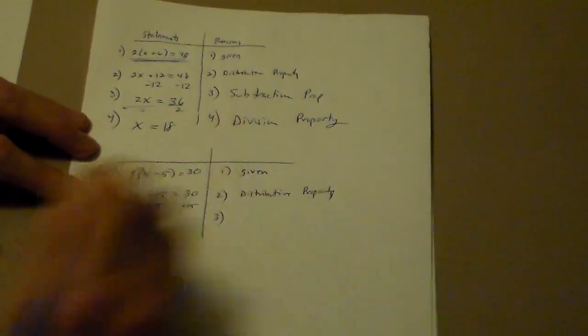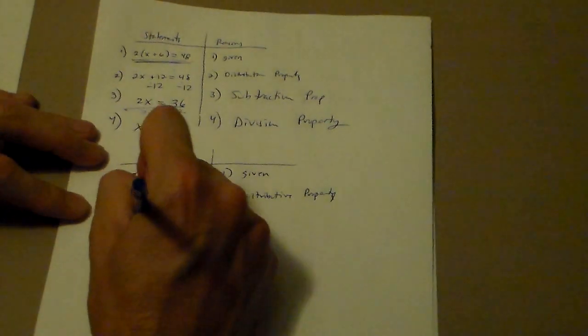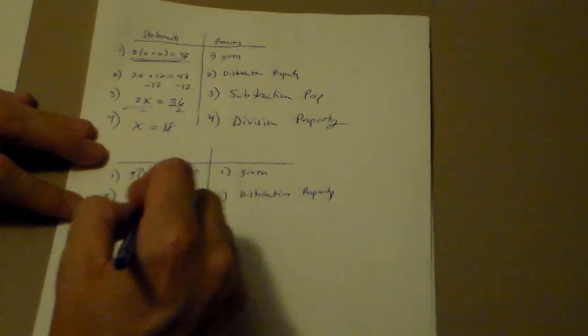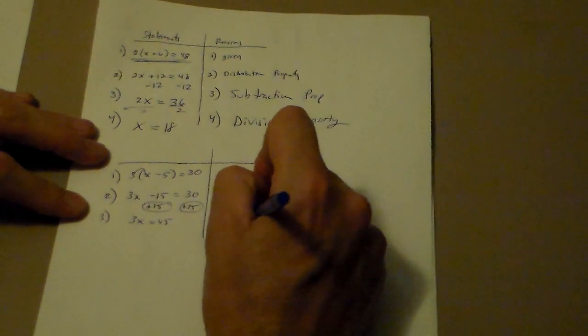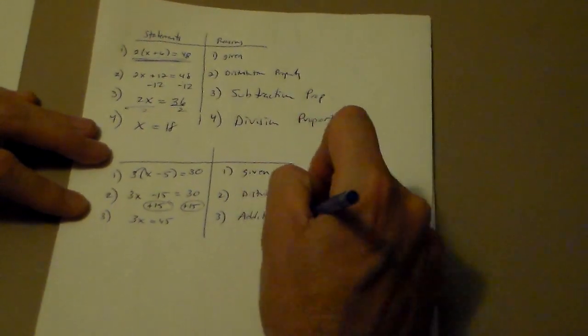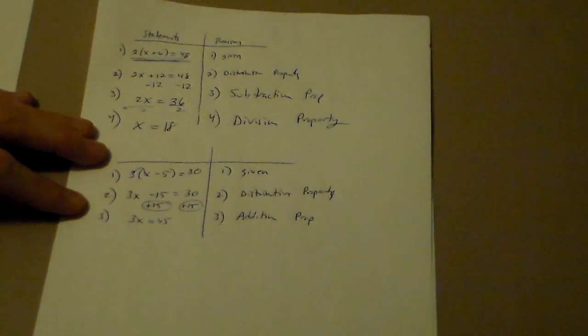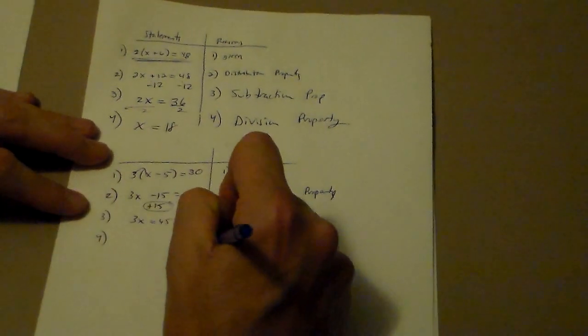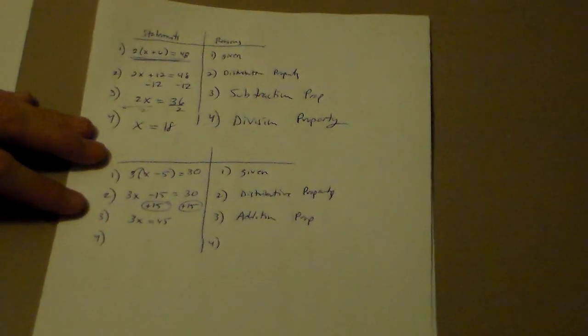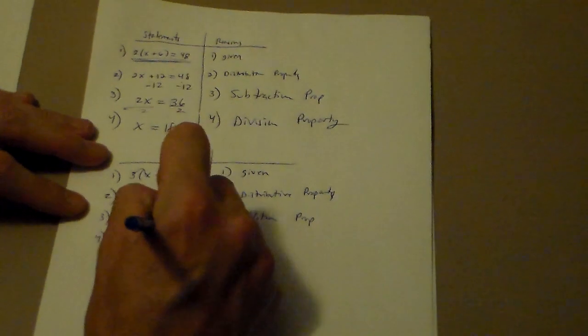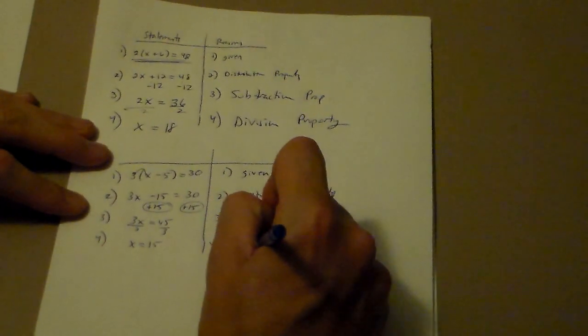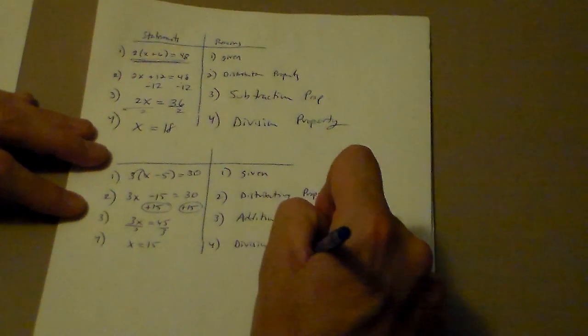That's what I would do in algebra. So I'm going to get 3x equals 45. What did I do to both sides? Addition. So that's the addition property. And then my final step, step 4, divide by 3, and x equals 15. And what did I do? I used the division property.